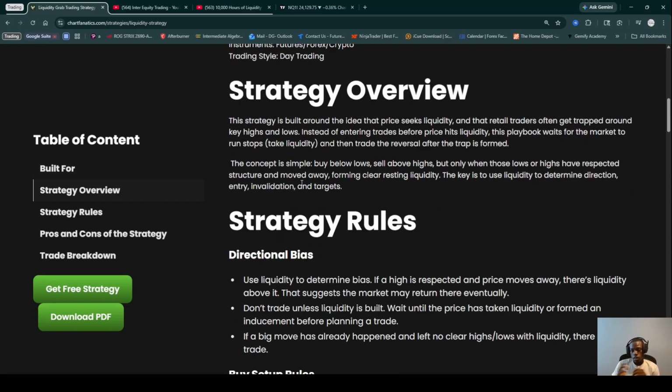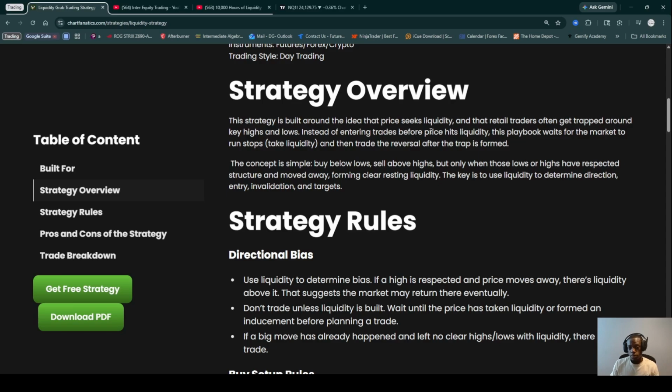The strategy is built around the idea that price seeks liquidity, and that retail traders often get trapped around key highs and lows.